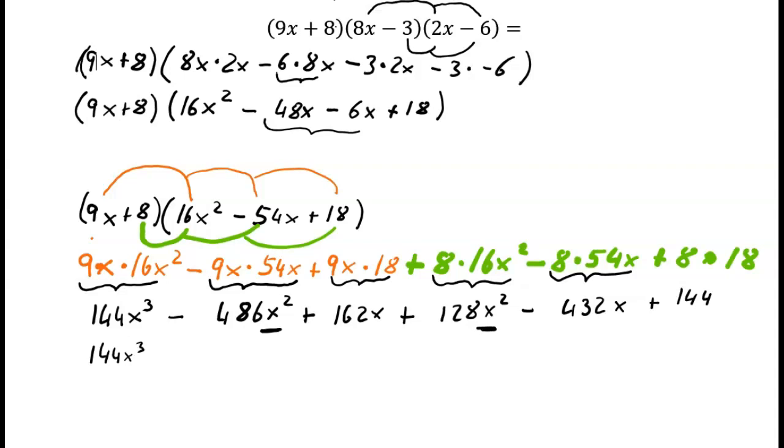So we have negative 486x squared plus 128x squared. So if we put these together, we get negative 358x squared. That's these two.